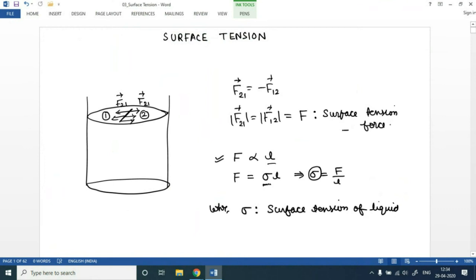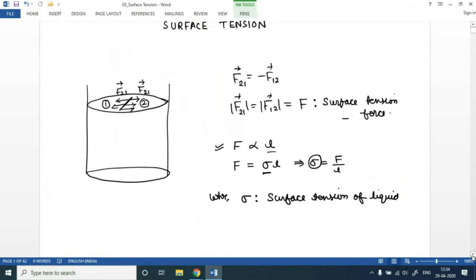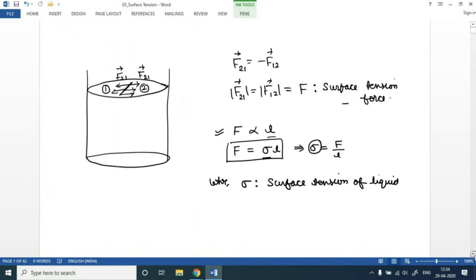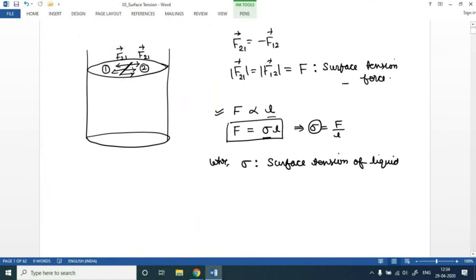Sigma here is the proportionality constant, which is the surface tension of the liquid. Since we are talking about a new force, the surface tension force, and we have already written its magnitude, it's time to look into the direction also. What would be the direction of the surface tension force?